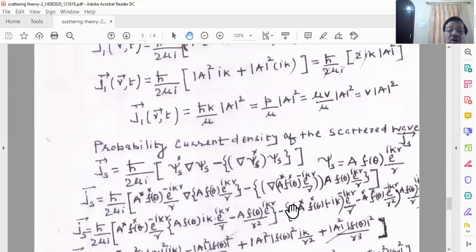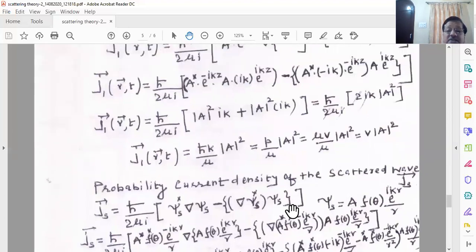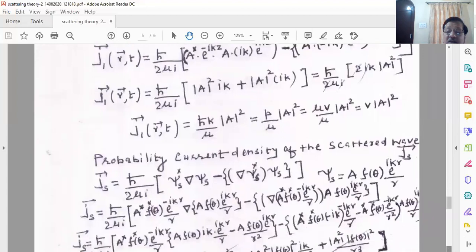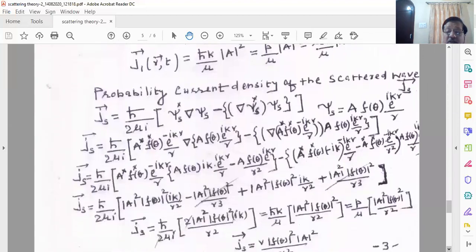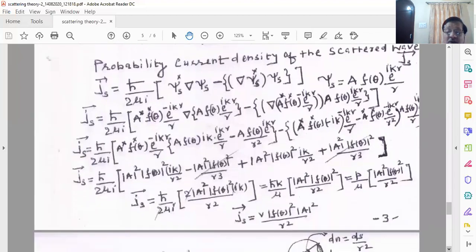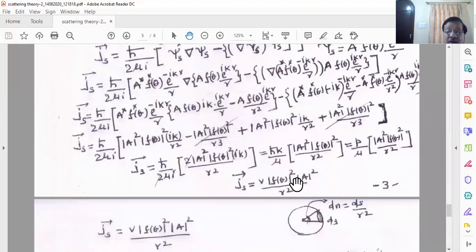And we have a probability current density of the incident wave. The probability current density of the incident wave is V into mod of A square. And look at the expression for the probability current density of the scattered wave: V, mod f theta square, mod of A square, divided by r square.